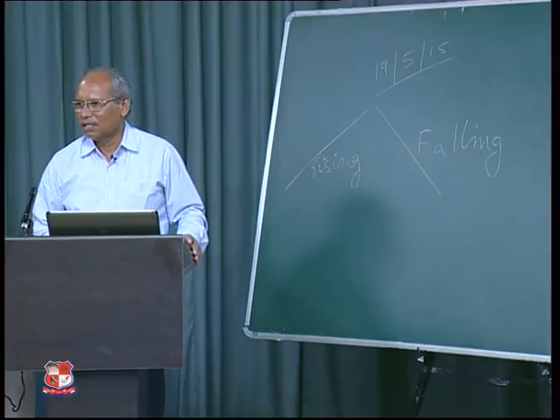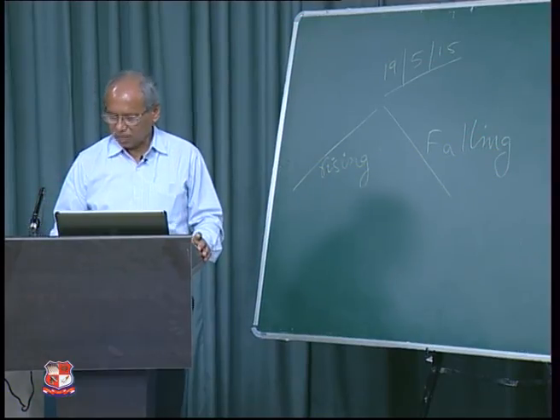Falling and rising. Now, how will we define this falling line? I am telling you a line is falling. Which one then? Slope is negative. Very good, very good. So slope negative means m is minus.